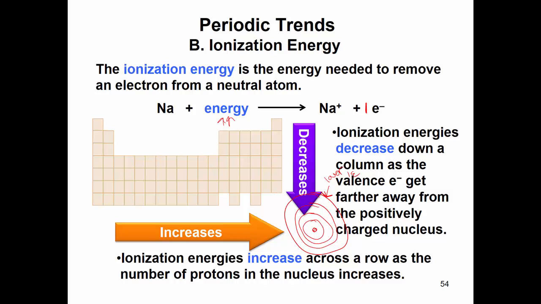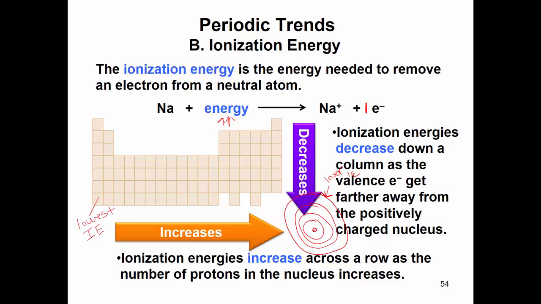Okay, so if we think about this, if we just look at a periodic table, the way I think about this is that over here these are my metals. They're going to be the atoms that give up an electron the easiest because they have the lowest ionization energy.